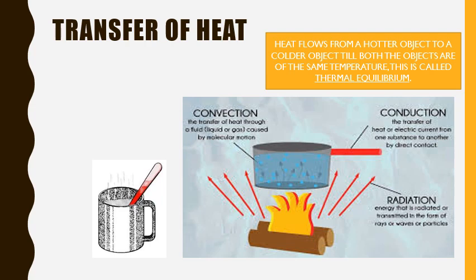In this state they are said to be in thermal equilibrium, and the common temperature attained is called the equilibrium temperature. So we can say that heat flows from a hotter object to a colder object till both the objects are of the same temperature, and this phenomenon is called thermal equilibrium.